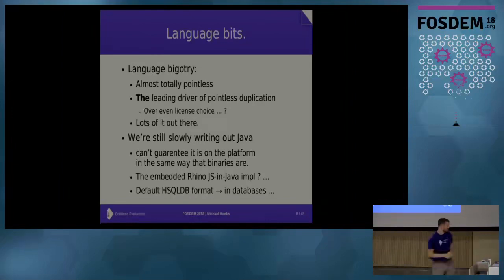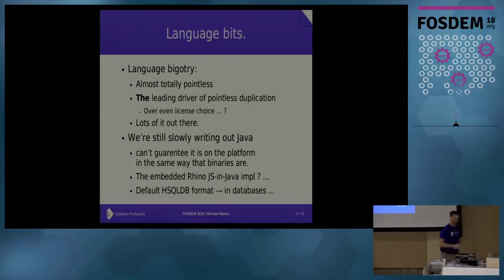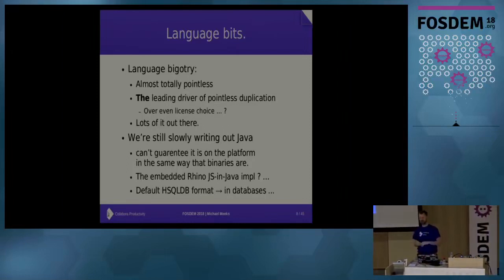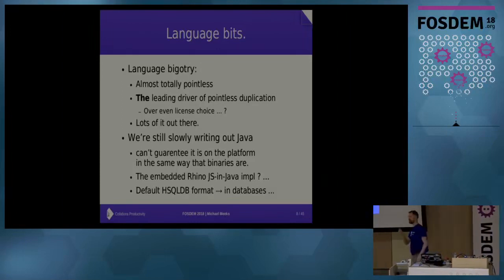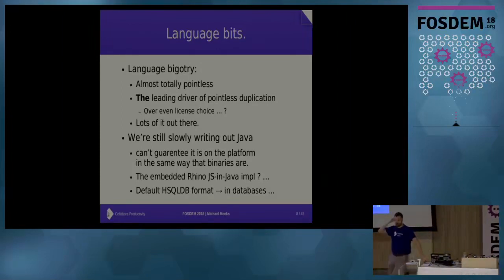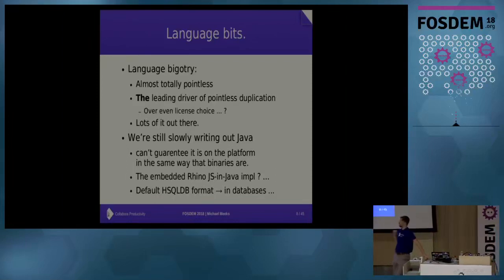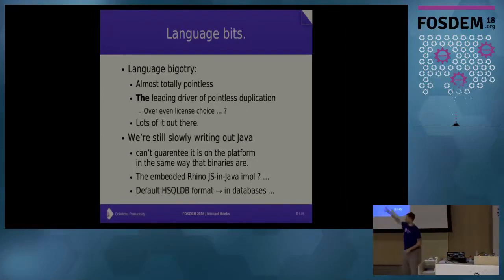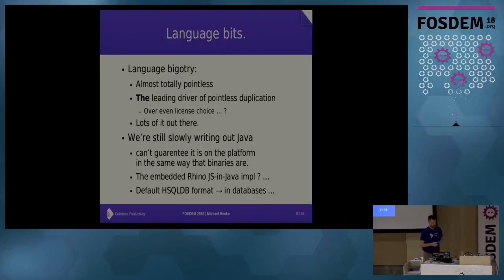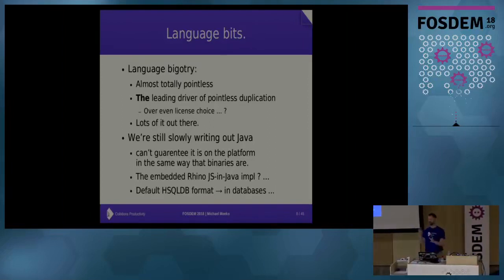We're slowly trying to write out Java, and not because we dislike Java, it's a perfectly good language, but you can't guarantee that it's actually everywhere, which is the slight irony of the write once, run everywhere message, that actually it's write once, and then try and install this thing of a certain version on all your Windows hardware forever. So there's some good work actually funded by TDF and our donors to get rid of HSQLDB, which is the last sort of blocking thing for that.